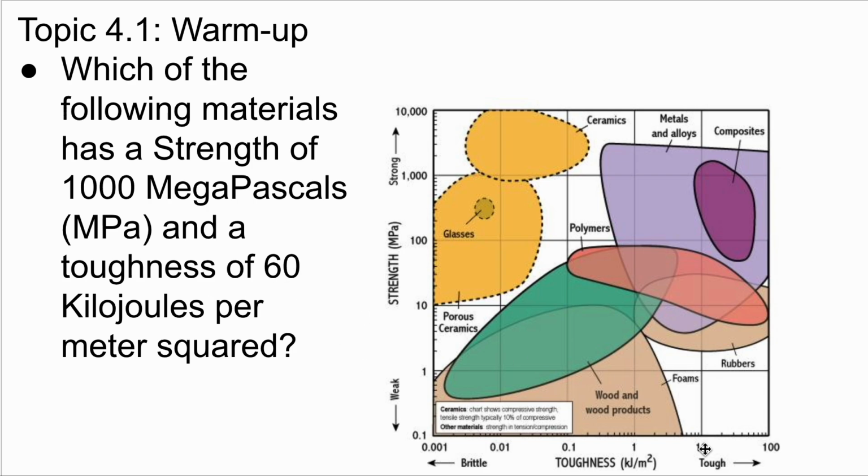So I would be looking between 10 and 100, and this would be 20, 30, 40, 50, 60. So when I look up here, it's either going to be metals and alloys or composites. Those are the only two that cross right here at the 60 kilojoules per meter squared and 1,000 megapascals.